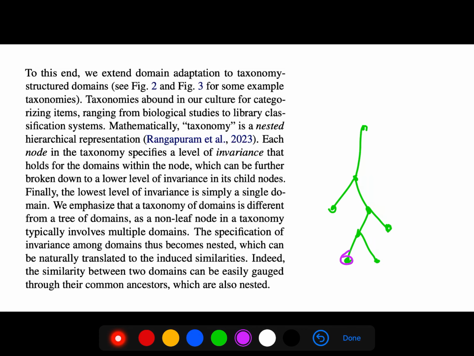We emphasize that a taxonomy of domains is different from a tree of domains, as a non-leaf node in a taxonomy typically involves multiple domains. For example, this one is non-leaf. It has multiple domains.